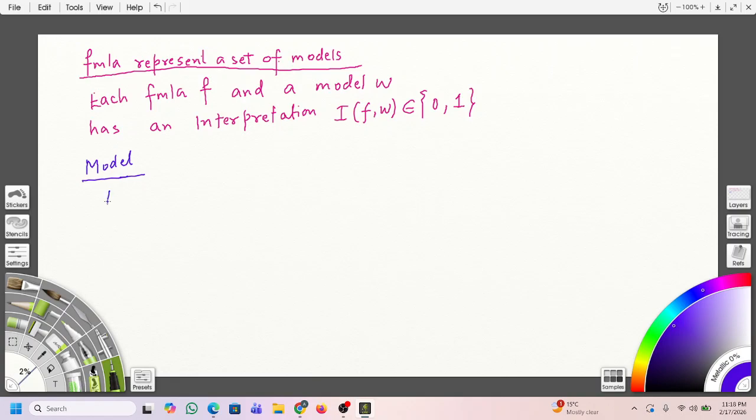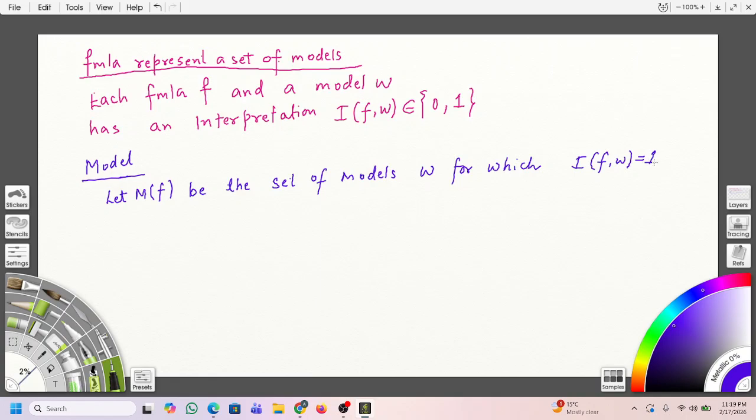Let M(F) be the set of models W for which I(F, W) is equal to 1.